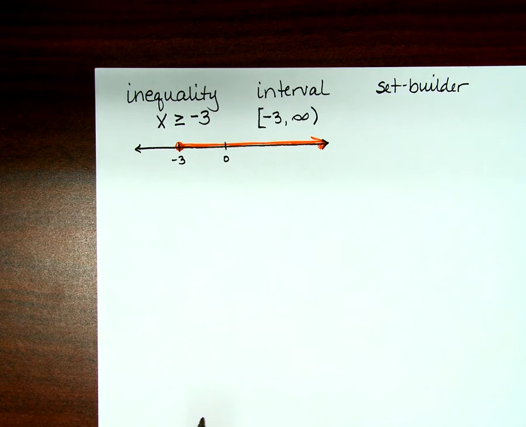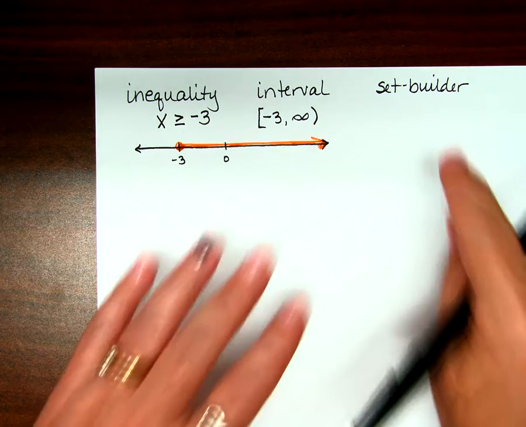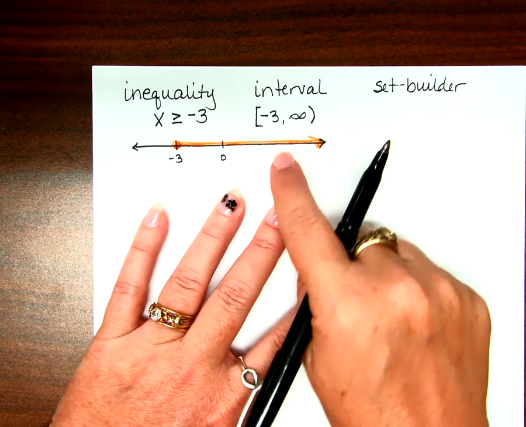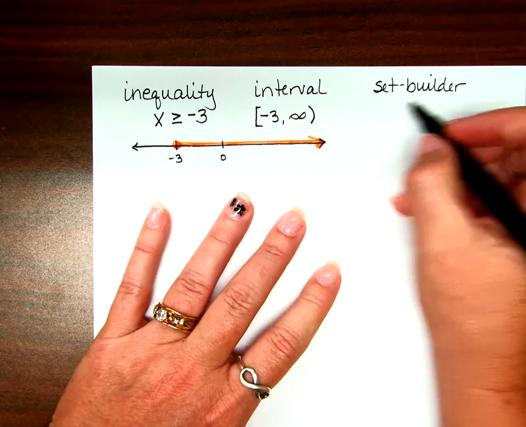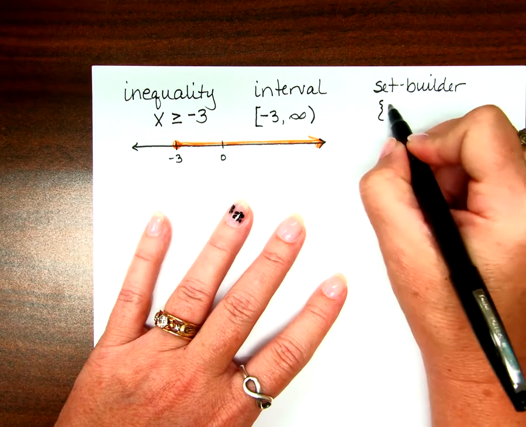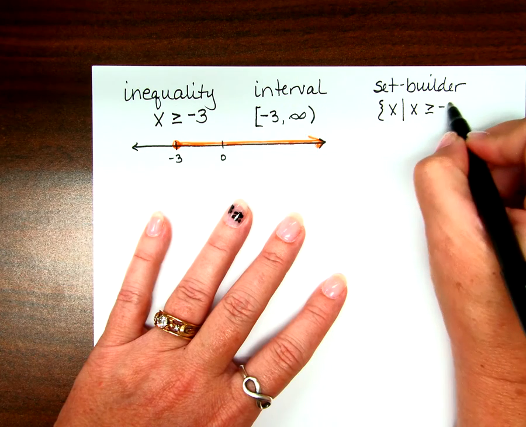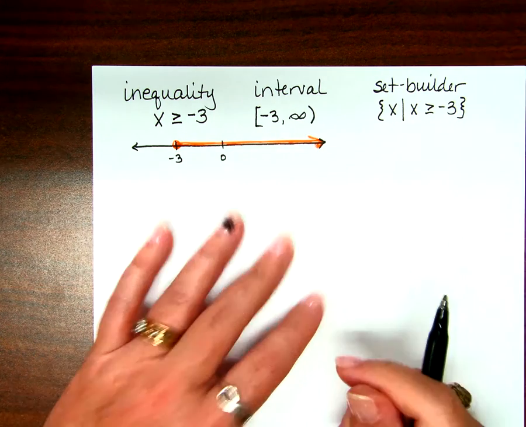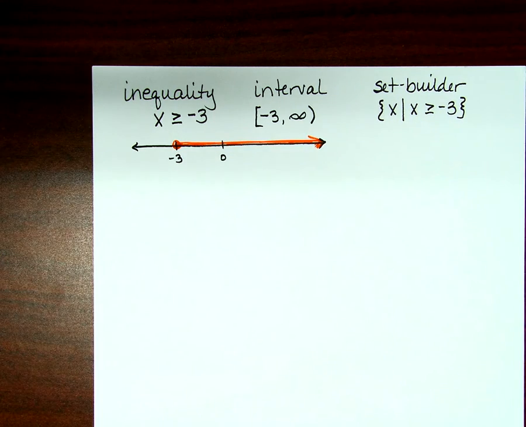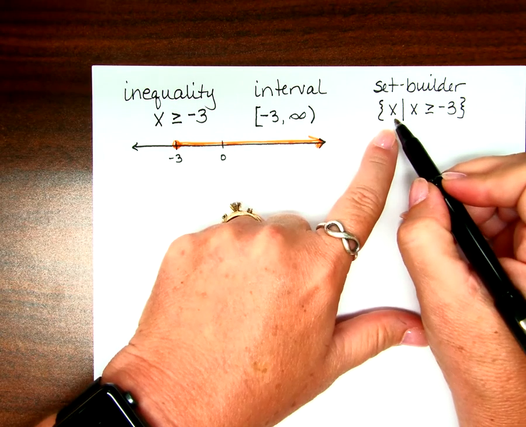You need to know set builder notation. Except you already know how to do it, mostly. For real. Okay? Here's what set builder notation looks like for this particular problem right here. Do you see why I said you mostly know how to do it already? Super closely related to inequality notation, right? So here's what I need you to know.